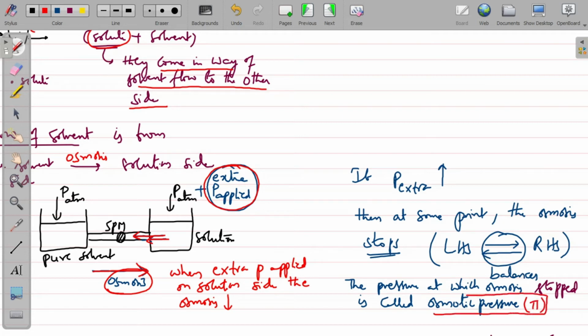Pi here doesn't mean the 3.14 value. It is a notation just for osmotic pressure. So if osmotic pressure is applied on the solution side, then the osmosis will be stopped.